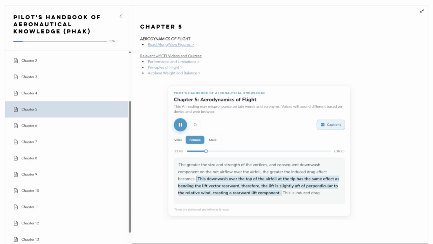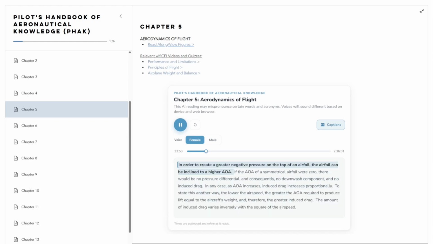This downwash over the top of the airfoil at the tip has the same effect as bending the lift vector rearward. Therefore, the lift is slightly aft of perpendicular to the relative wind, creating a rearward lift component. This is induced drag. In order to create a greater negative pressure on the top of an airfoil, the airfoil can be inclined to a higher AOA. If the AOA of a symmetrical airfoil were 0, there would be no pressure differential, and consequently, no downwash component, and no induced drag.